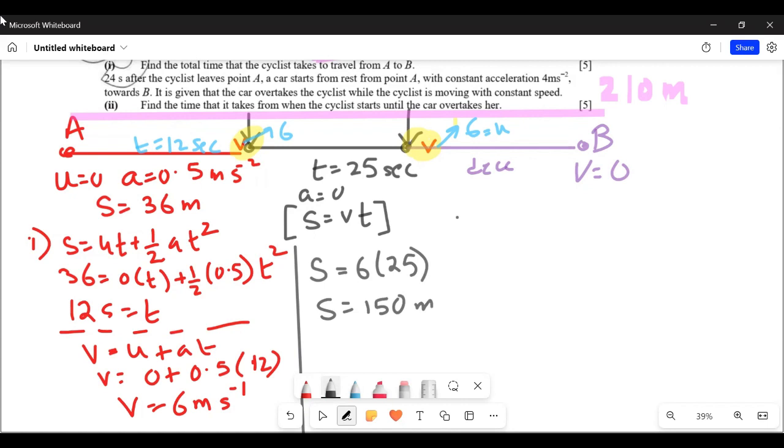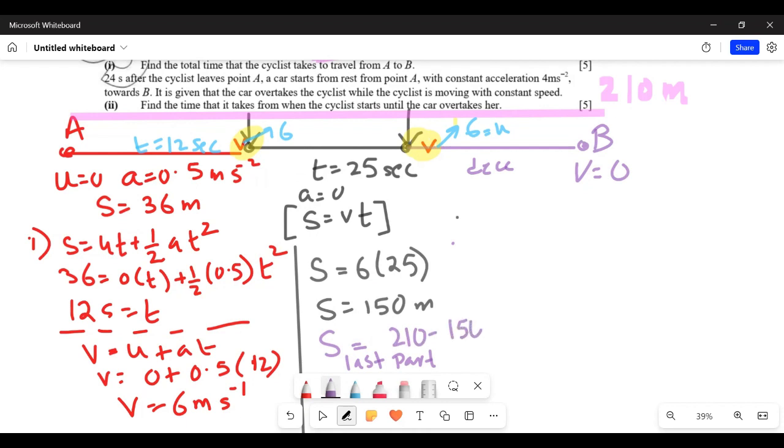So distance of the last part of the journey would be total distance 210, subtract the middle distance, which is 150, subtract the distance 36. So 210 minus 150 minus 36 is 24.